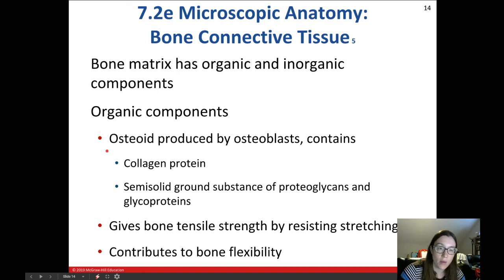It's the organic part made by the osteoblasts, and it gives the bone the tensile strength, right? So it resists stretching. So just think of collagen. Collagen is kind of like a rope where it's flexible, at least a little bit, but it doesn't really stretch. And so this is strong and flexible, but it doesn't really stretch, just like the collagen.